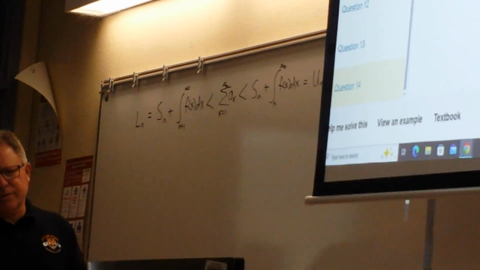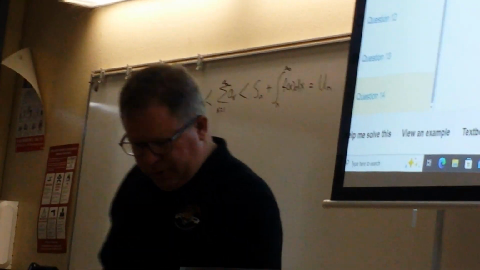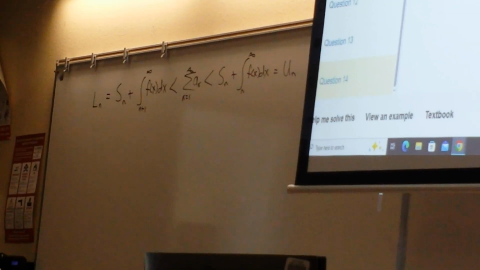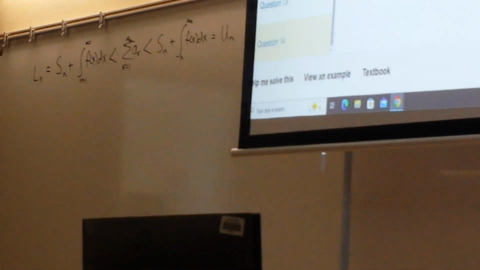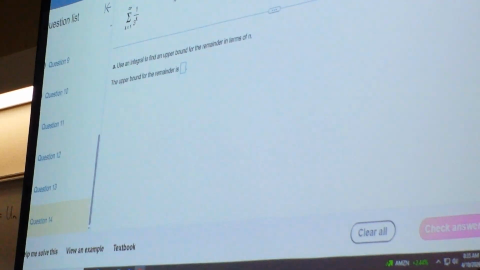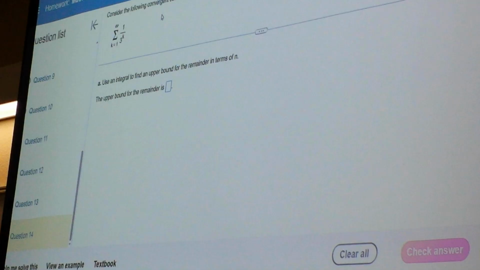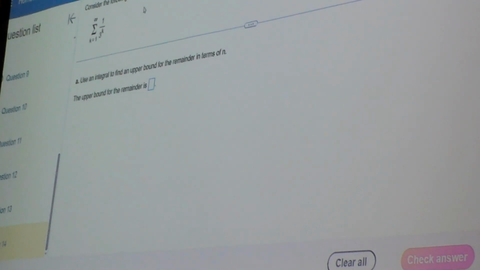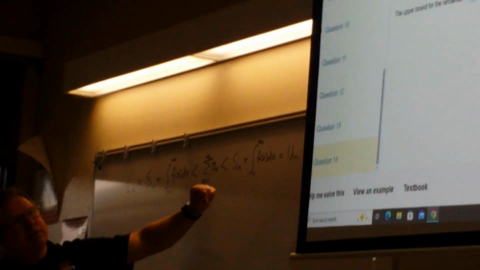Did I get that all correct? So part A says, use an integral to find an upper bound for the remainder in terms of n. So U sub n is the upper bound.